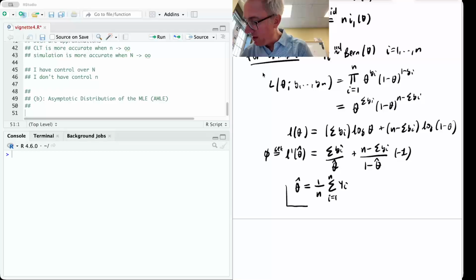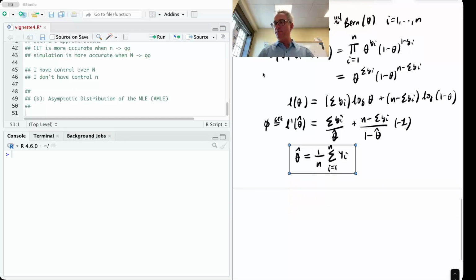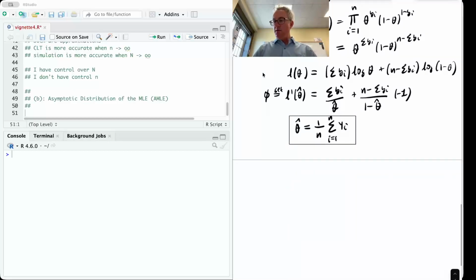In other words, the MLE is just the average of the coin flips. All right, so we could have done that in chapter 3, chose to do it here instead. That's not really what I wanted to tell you about, but in order to calculate the second derivative, it helps to calculate the first derivative first.